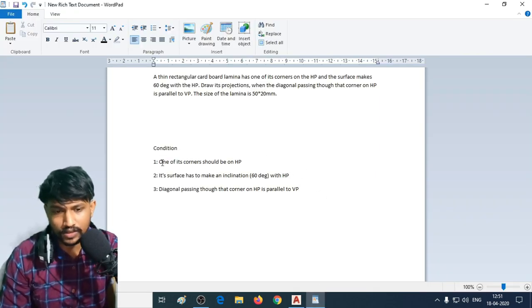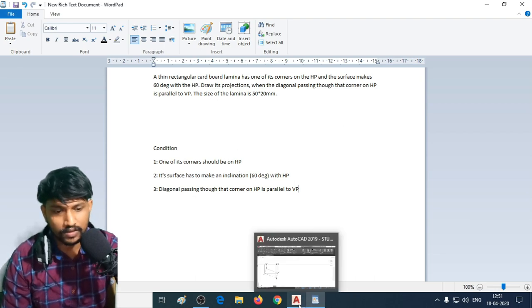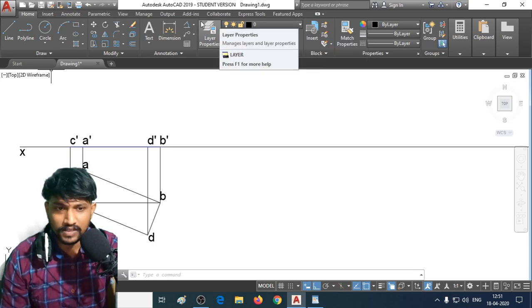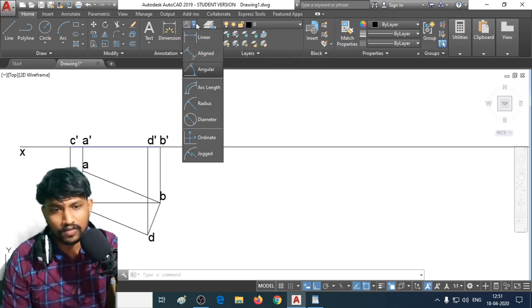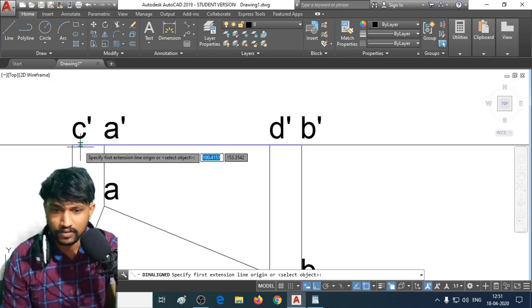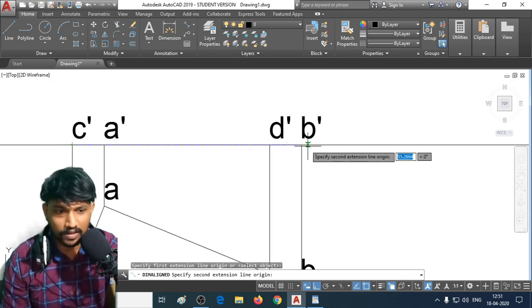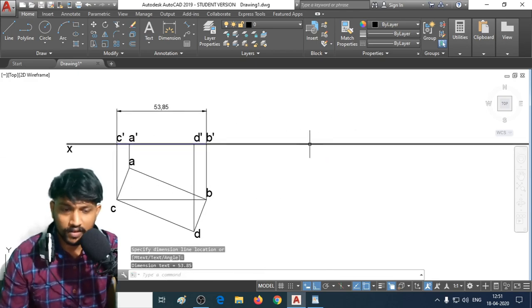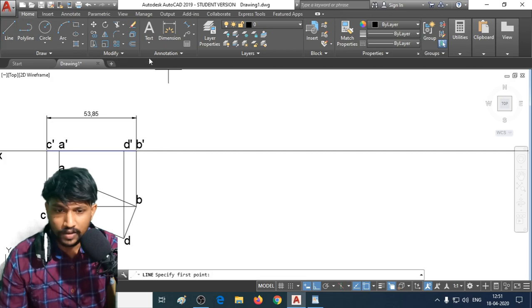First thing we need to do is one of its corners has to be on the HP. So let's measure this line. Obviously it is equal to the same dimension as that of the diagonal. It has to be, right, because both are parallel and projections have been made. 58.35, of course. So let me draw a line.